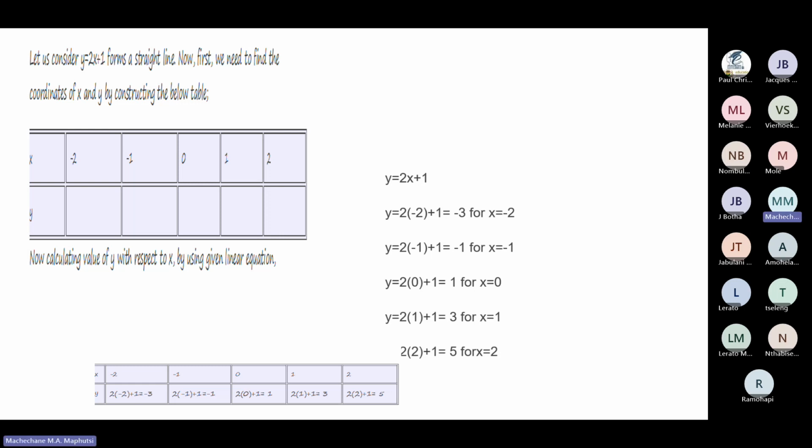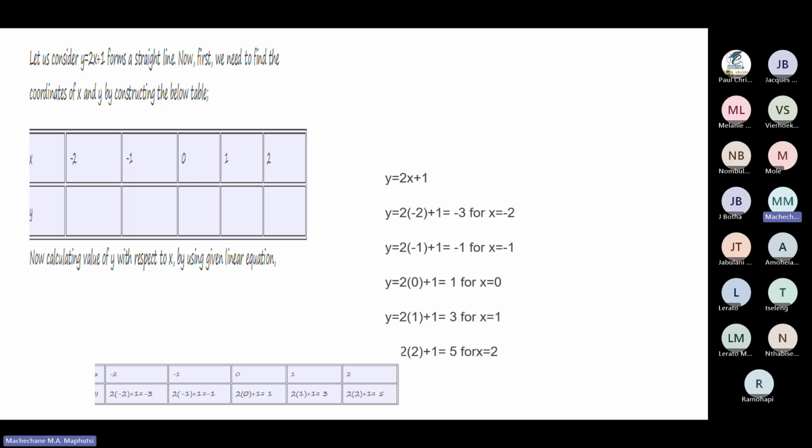Then we go further, substituting 0, plus 1. Then the answer will be 1, where our x is 0. And we go further, substituting 1. And when we add everything, the answer will be 3. And this 3 will be the y value, while the x is 1.